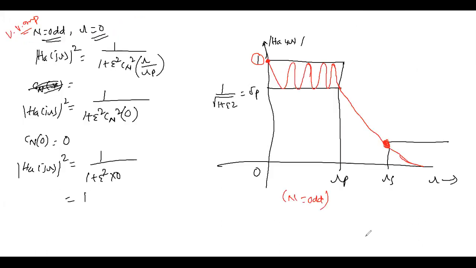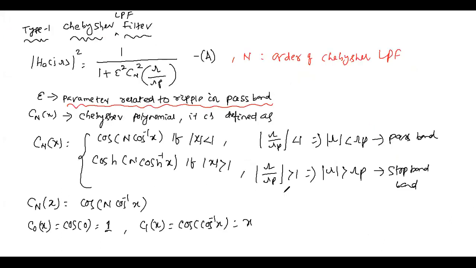Just see the Chebyshev polynomial formula I gave. If mod x is greater than 1, then I will use this formula. Agree? Yes, sir. Because this is greater than 1, I will use this formula.